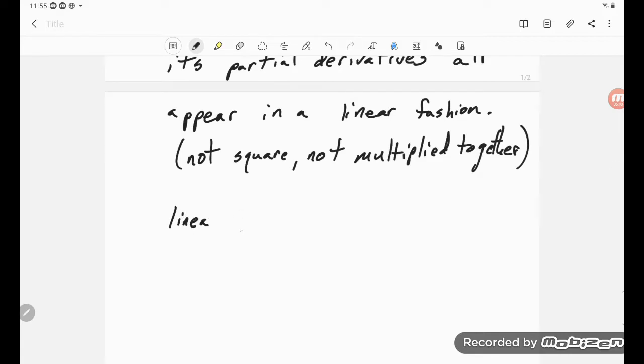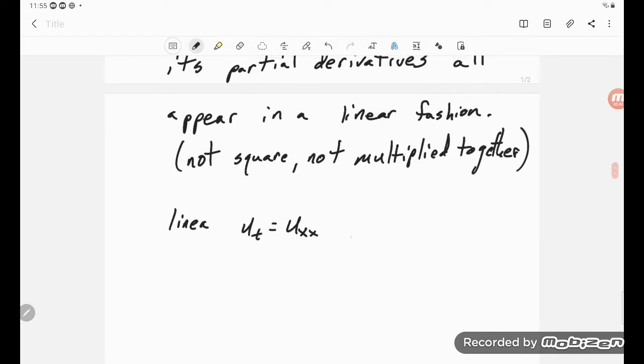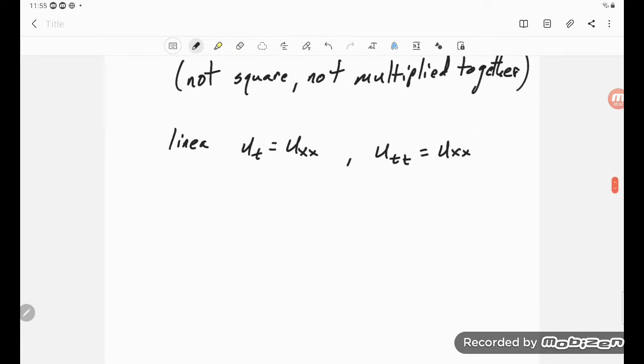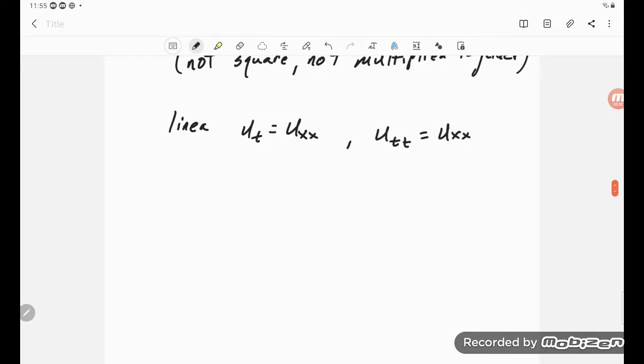Okay, so once again, linear, we've got our heat equation, and we've got our wave equation. Those are both linear. But something that would be nonlinear might be u_t equals u_x squared.